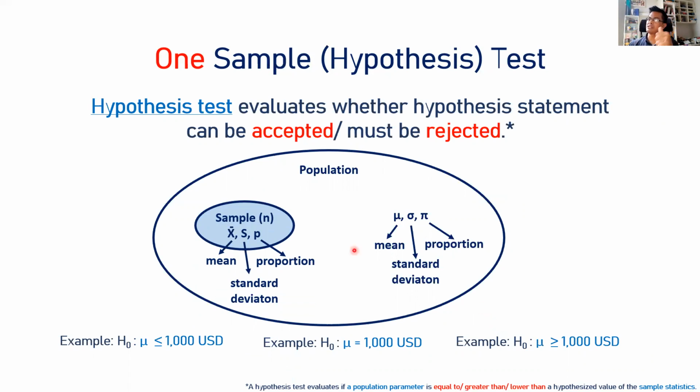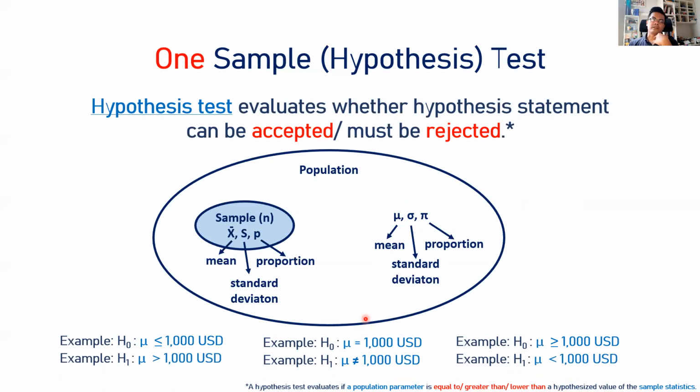We calculate the mean or standard deviation, and via these sample statistics we compare to the claimed hypothesis. If it's near to the statement, then usually we accept the hypothesis. But if the sample statistic is far away from the claimed hypothesis, then we usually reject it. That's the philosophical manner.